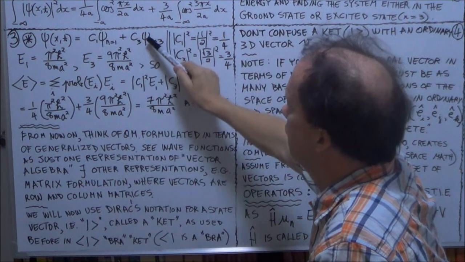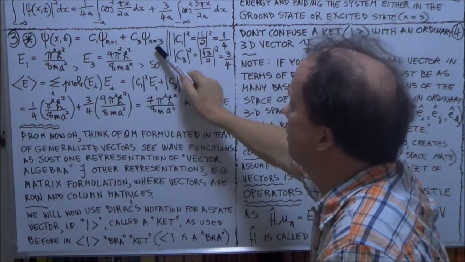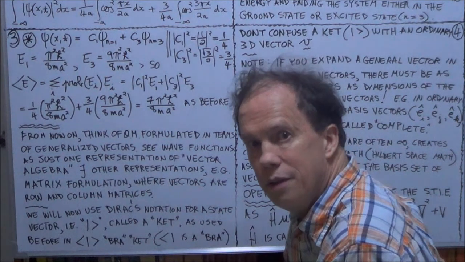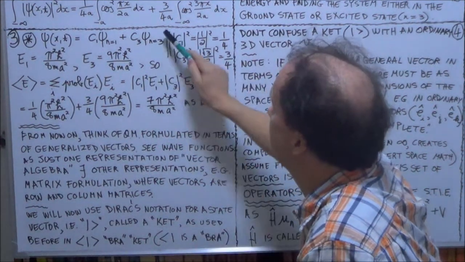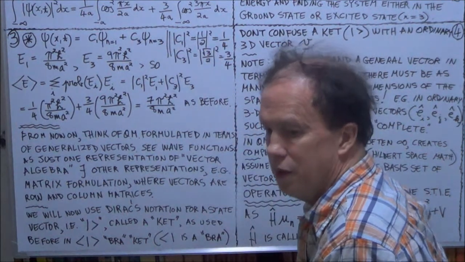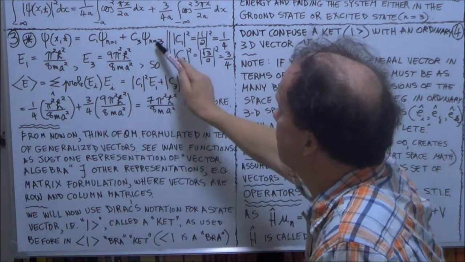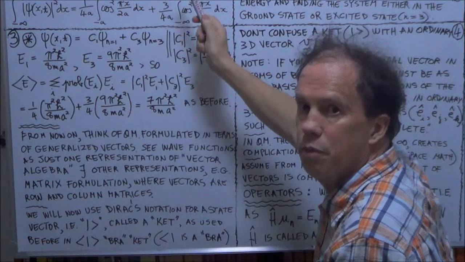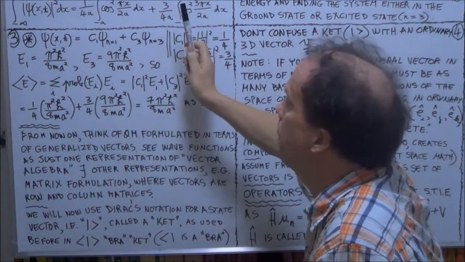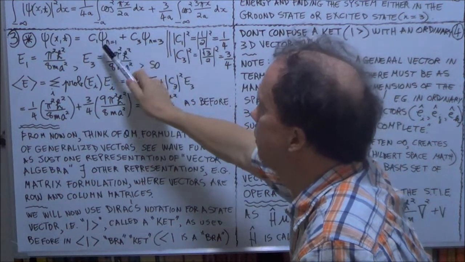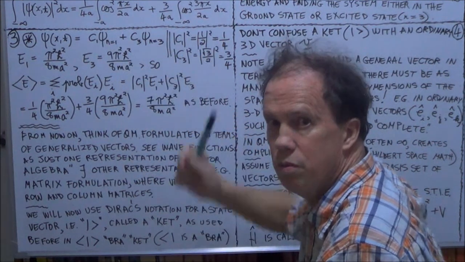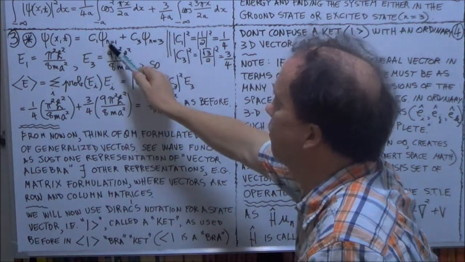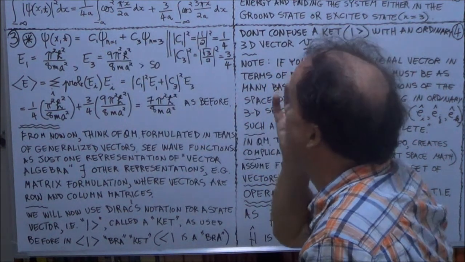Similarly, psi n is 3, the next higher excited state, the solution to the STI when n is 3. And the example from the previous session is a superposition of only two wave functions, psi of 1 and psi of 3.